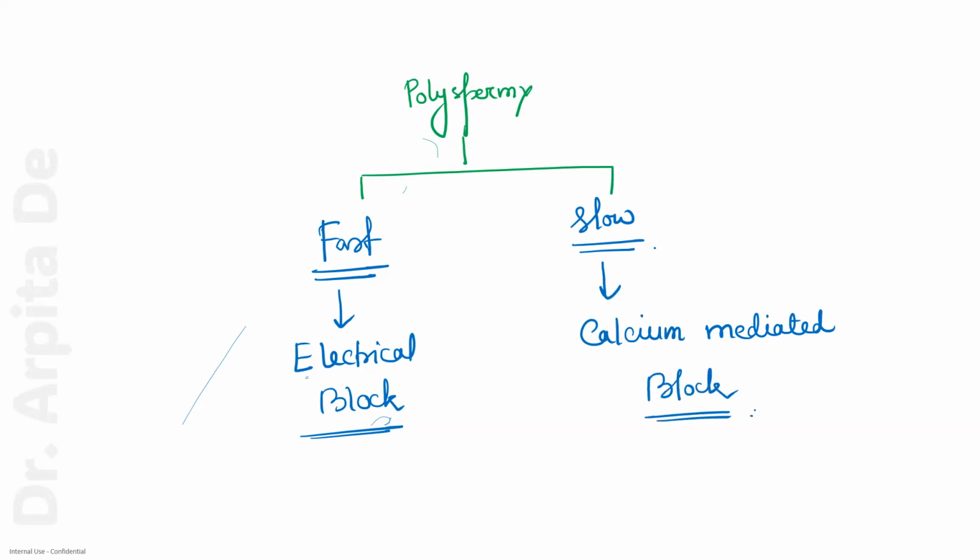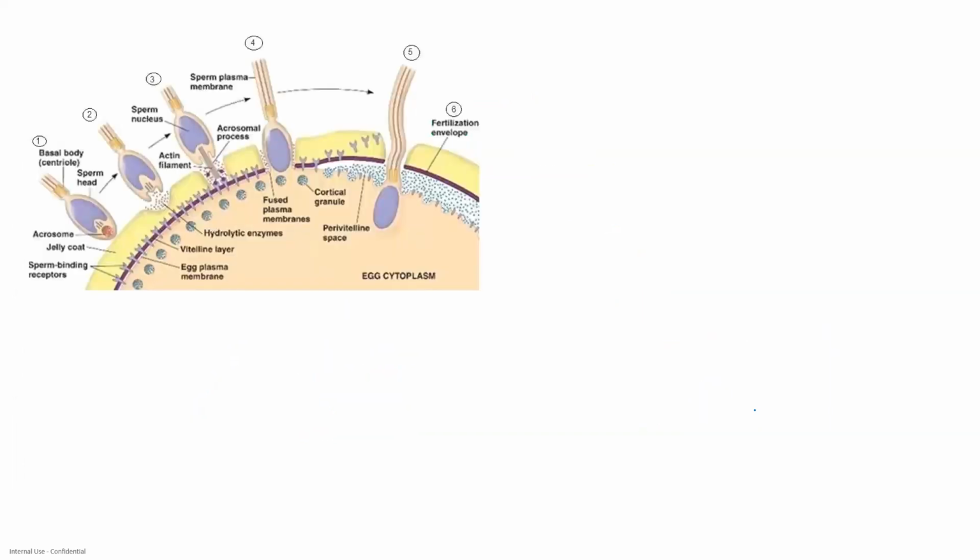Calcium mediated block. Clear? So fast block to polyspermy is also known as electrical block, and the second one, slow block to polyspermy, is also known as calcium mediated block. Clear? Now we will see one by one in detail.